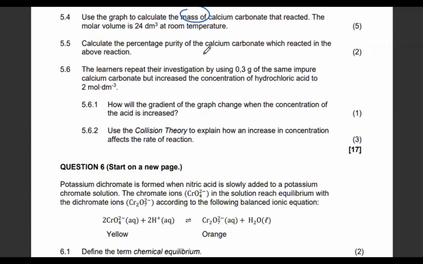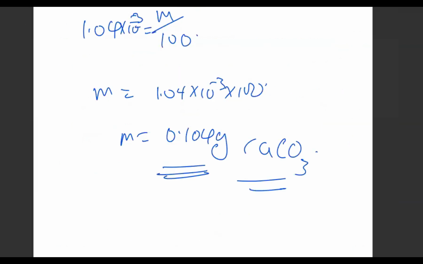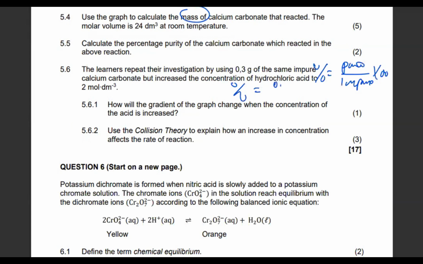So they're saying calculate the percentage purity of the carbonate that reacted. Percentage purity, remember, is equal to the mass of pure sample over the mass of impure sample times 100. We calculated the pure sample here, which is 0.104, divided by the impure sample, which was 0.3 grams.